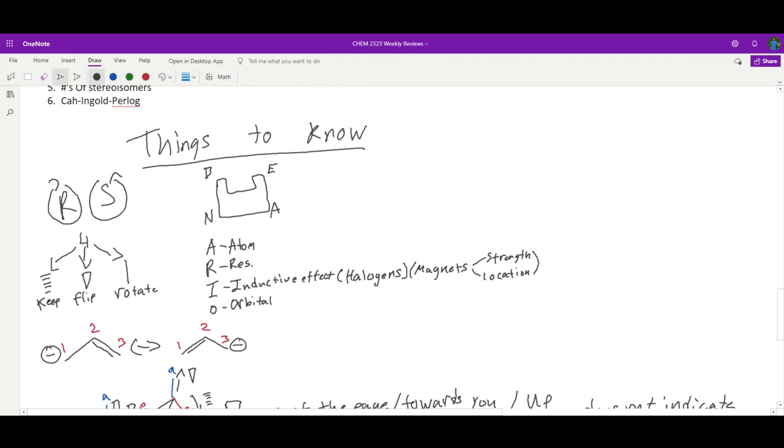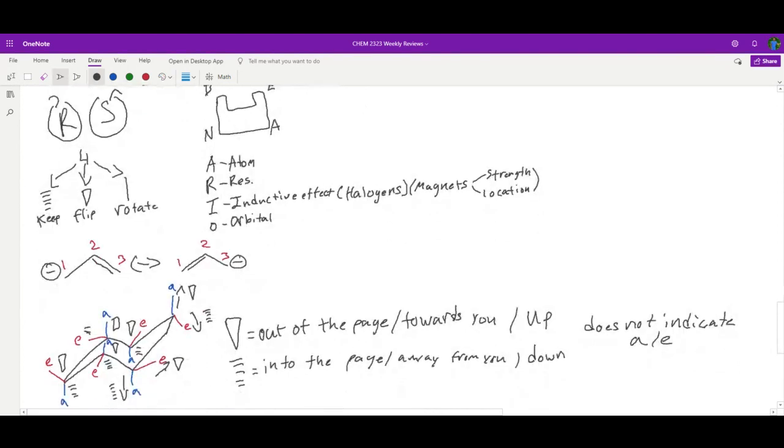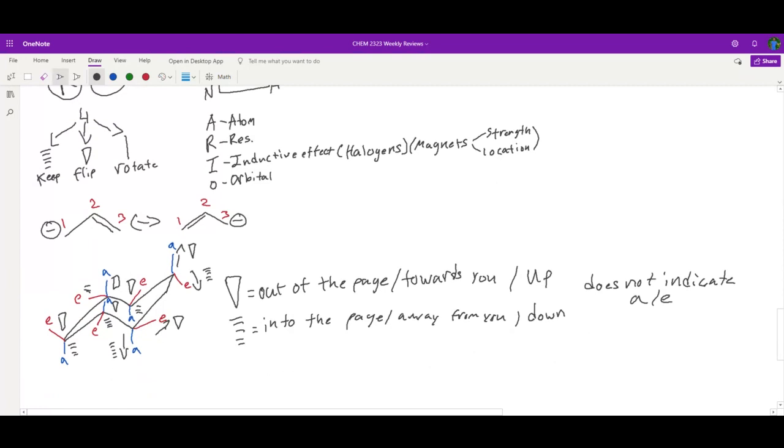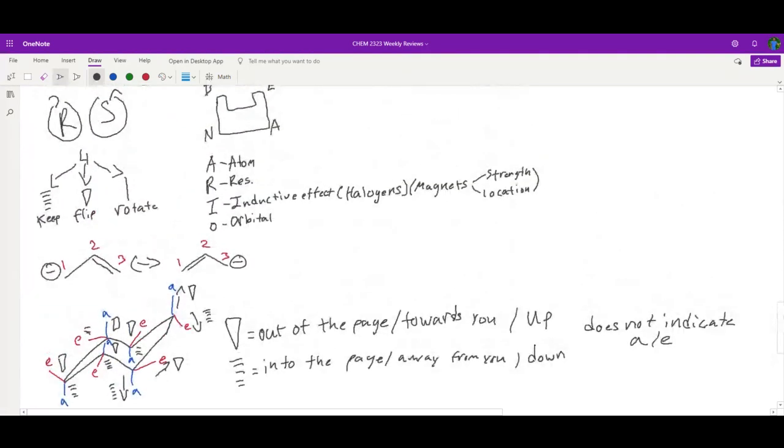So always make sure there's no error. And if there is an error, that means you were right and not the key. So whatever works for you, stick with that, because you're going to hear different ways on how to do chair conformations.